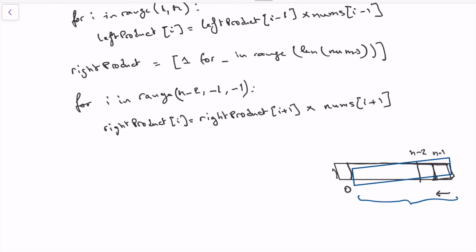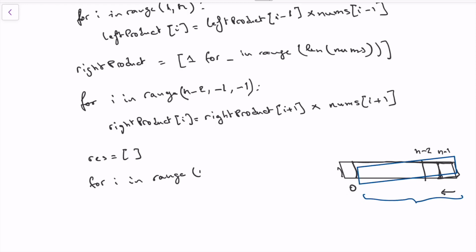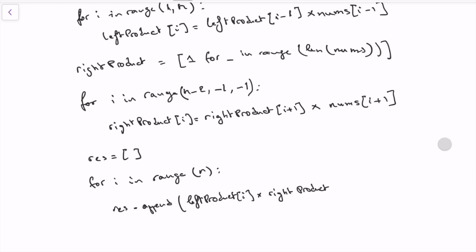So the result here, we would just say for every element in the array, the problem says for every position we need to get the product of the array except itself, and so we would do this, and our result would be just the left product at position I. So we need to append basically the left product at position I multiplied by the right product also at position I, and at the end we can just return res.